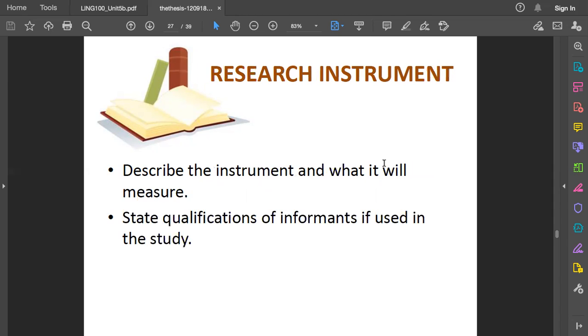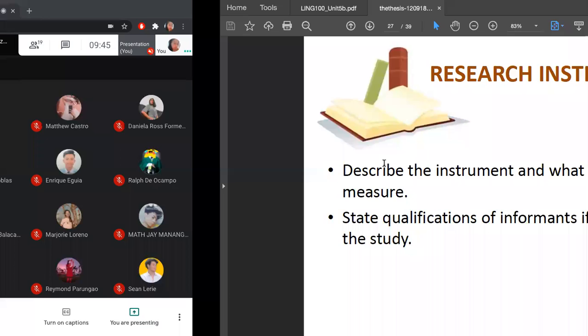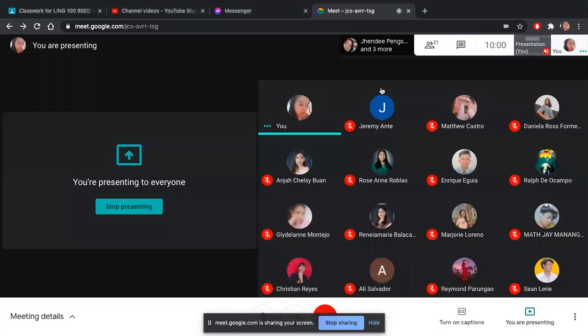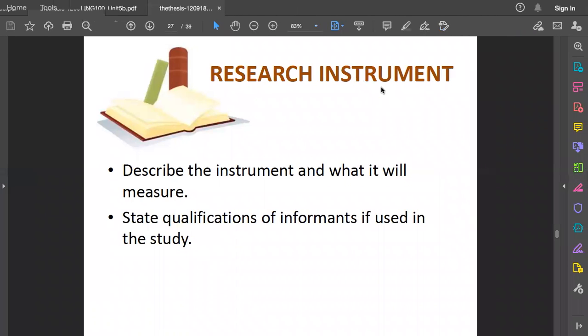Research instrument, it could be adapted, it could be adopted, or could be researcher-made. If it's adopted, there is an existing research tool that was used from a previous empirical research. When you say empirical, pareho kayo ng research, same topic, naiba lang ng konti sa location, siguro sa respondents.